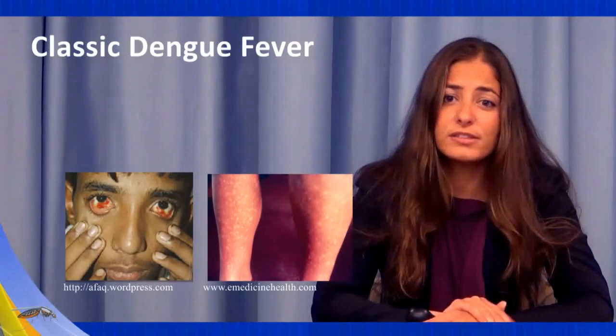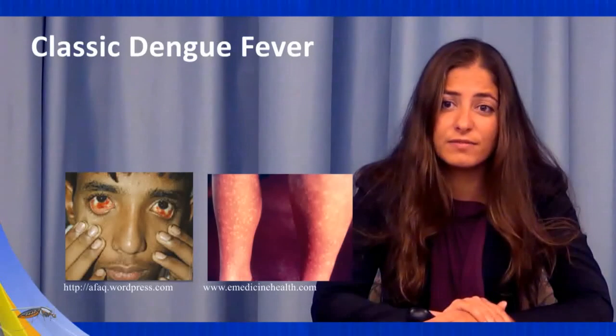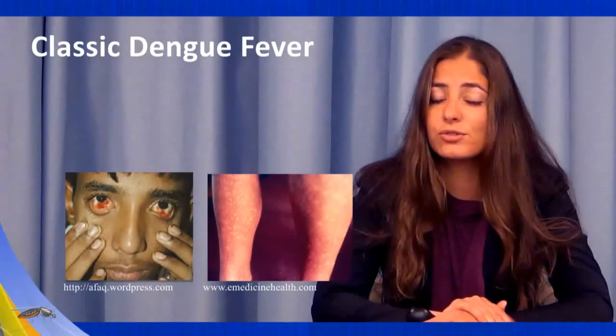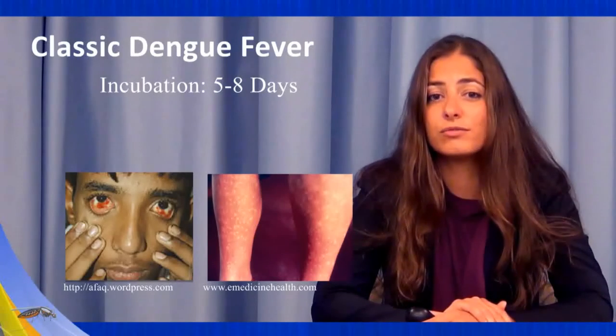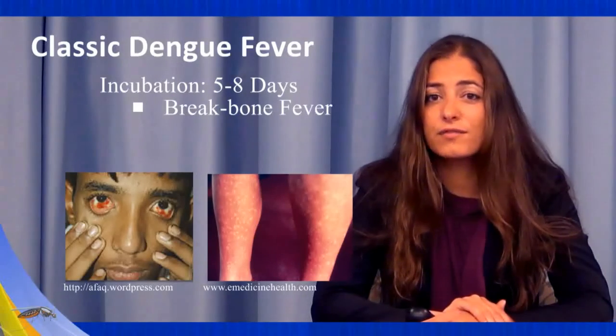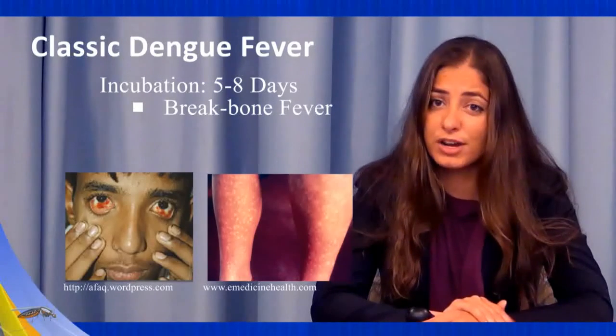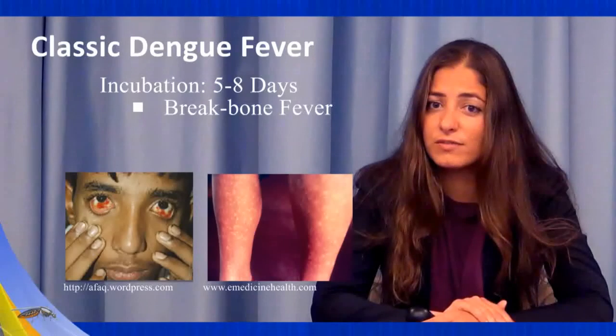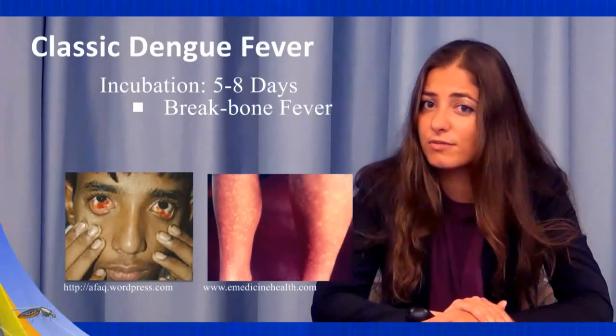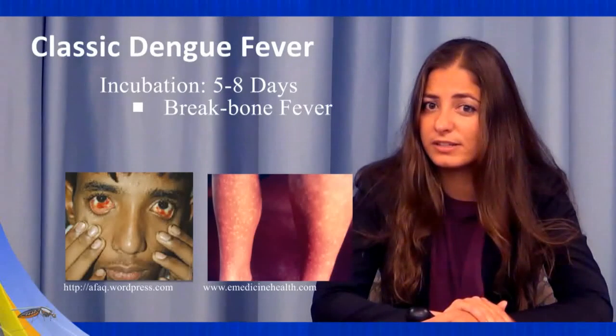Like yellow fever, the symptoms of classic dengue fever manifest themselves after a short incubation period of 5 to 8 days and unfold in 3 stages. The first stage is known as "breakbone fever," and is characterized by the acute onset of fever, headache, retroorbital pain, and severe myalgias and arthralgias for 5 to 7 days.